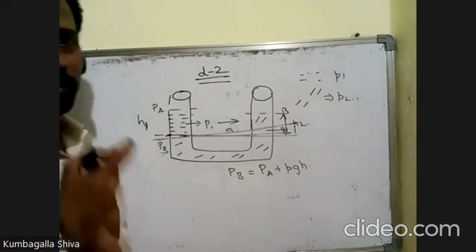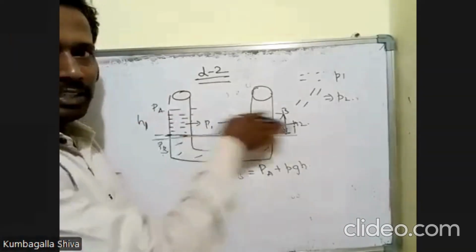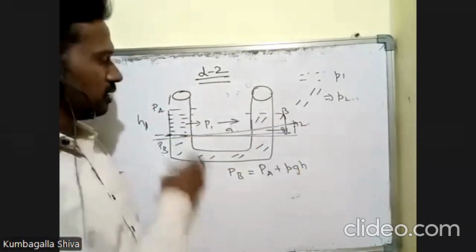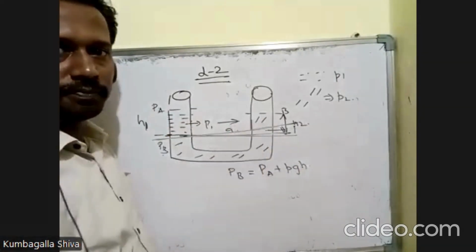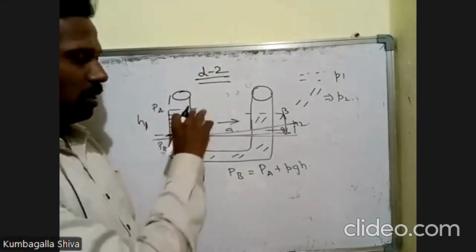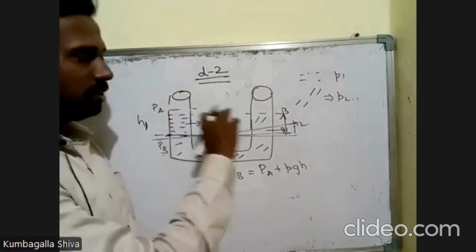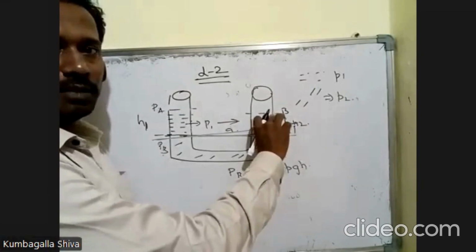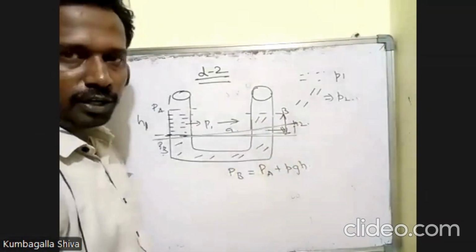So, can you guess, when the system is accelerating this side, which one is having high pressure? Can you predict which one will have high pressure? Obviously, this one. Why? The length of the column is very high. Here, the length of the column is less. That means pressure always flows from higher pressure to lower pressure. You agree?